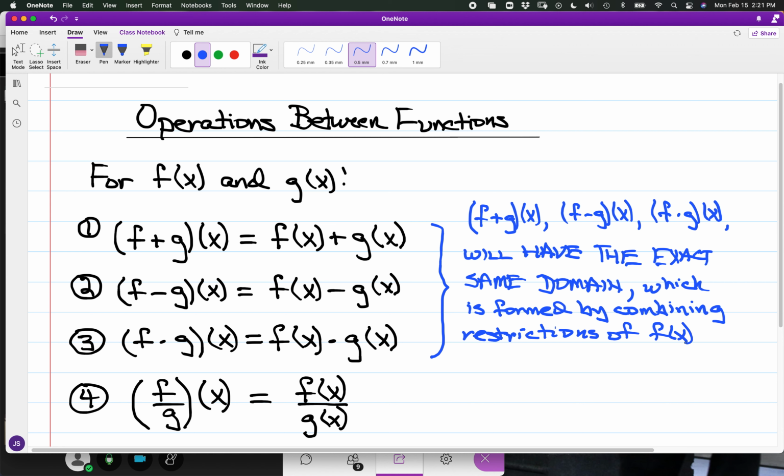Regardless, the sum, difference, and product functions are always going to have the exact same domain.